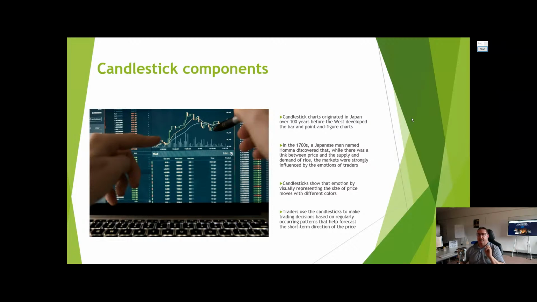Mr. Homma discovered in the 17th century that there was a link between price and the supply and demand of rice, not beans, it was rice. In Japan, the markets were strongly influenced by the emotions of traders.